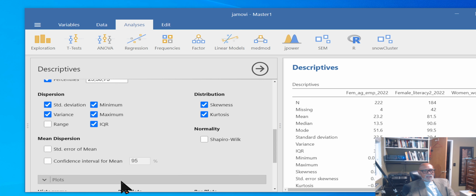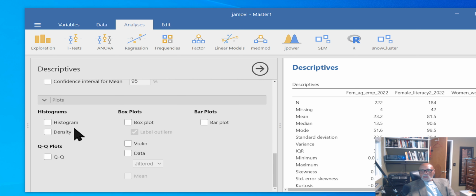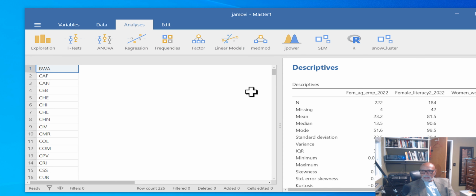And then for our plots, we're going to get the histogram, and we'll get the density curve over the histogram and the box plot. And we'll get the QQ plot. The QQ is going to give us another illustration of whether the distribution is symmetric or not. And that is all we really need.